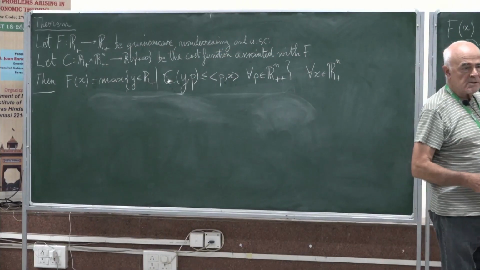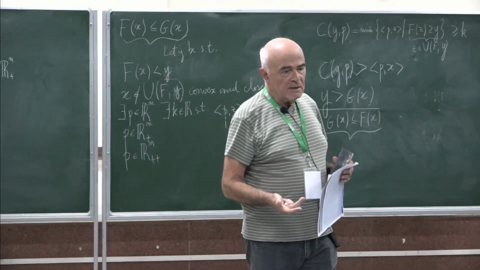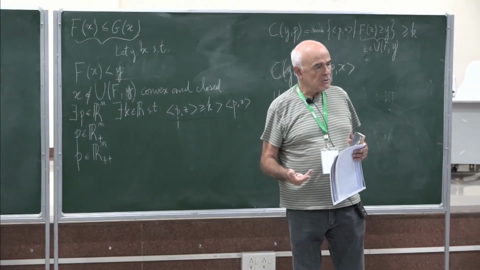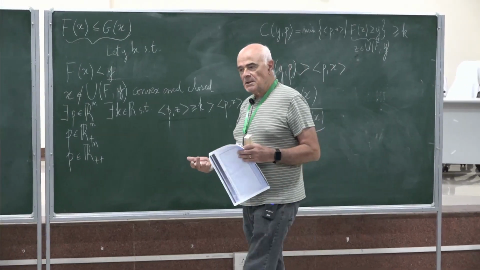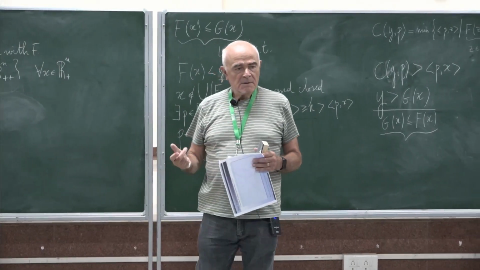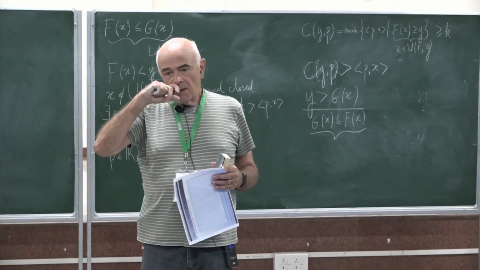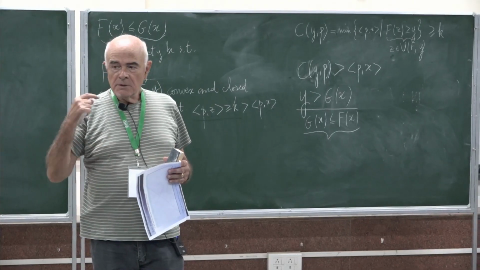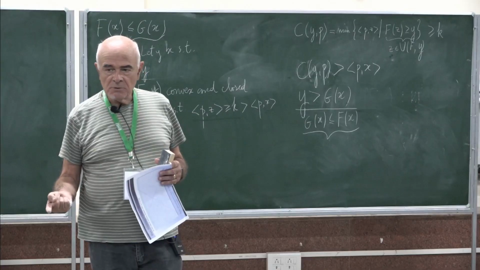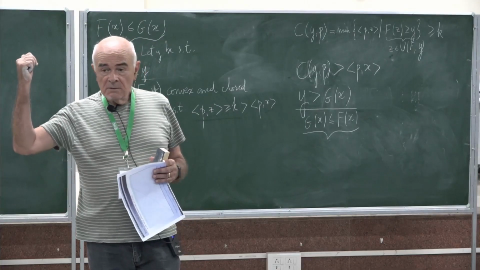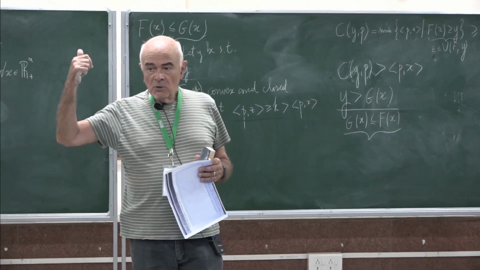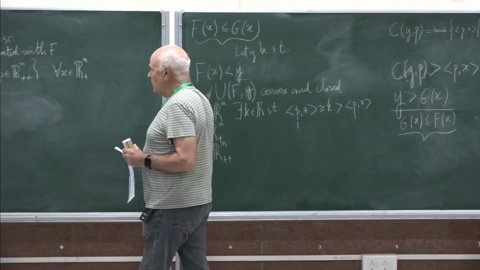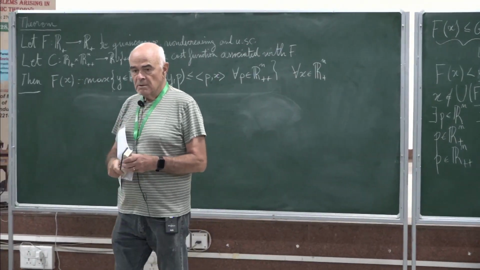So this explains why yesterday in the Cobb-Douglas example we recovered the original production function. But this also tells us something else. In principle, there are infinitely many production functions that have the same associated cost function. But only one among all of them has all these nice properties. It's quasi-concave, non-decreasing, and upper semi-continuous. Why only one?